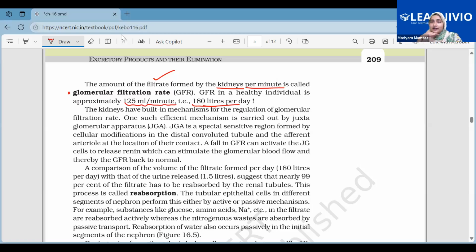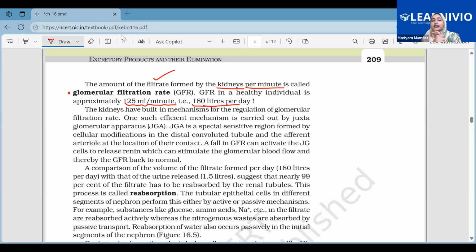What does that signify? Even if the filtrate is close to 200 liters, 99% of it gets reabsorbed back into the body, because our body cannot afford the loss of water. The urine released is ultimately 1 to a maximum of 2 liters.